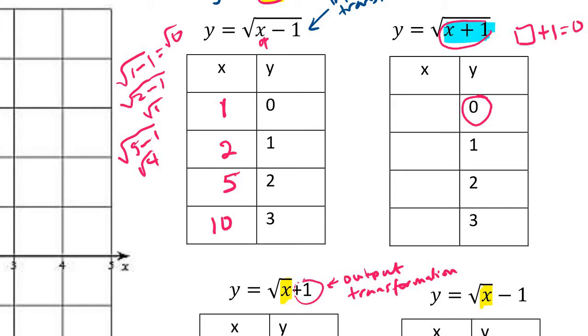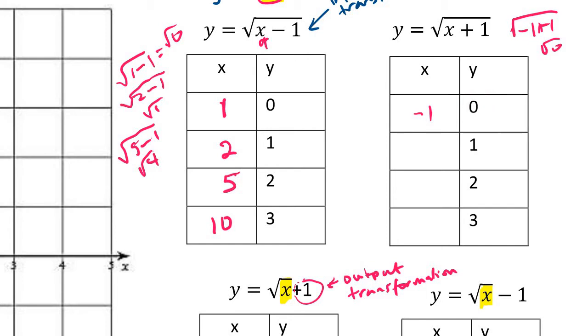It's -1. So let's try that. Let me erase the other annotation. Now we're going to try -1. So square root of -1 plus 1 is square root of 0, which is 0. So -1 is x. Right?